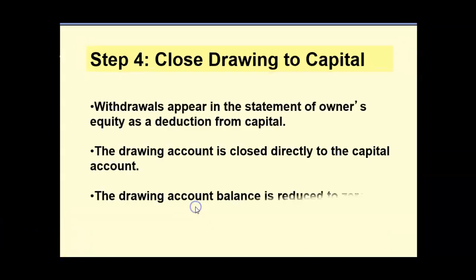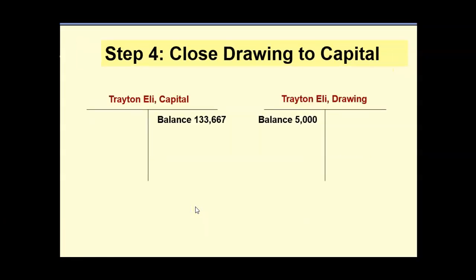The last step is to close out the drawing account. From the worksheet, the drawing account has a debit balance in the amount of $5,000. The drawing account will be closed out to the owner's capital account. So think about it. Your job is to give the drawing account a zero balance.